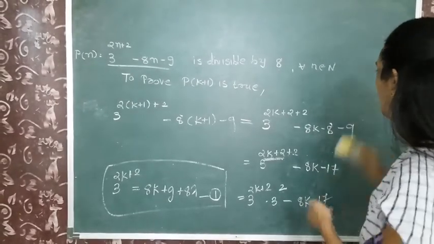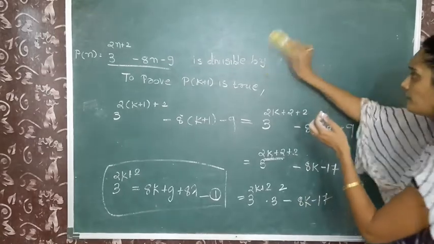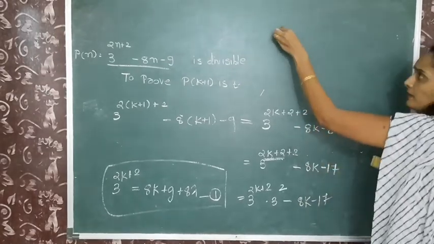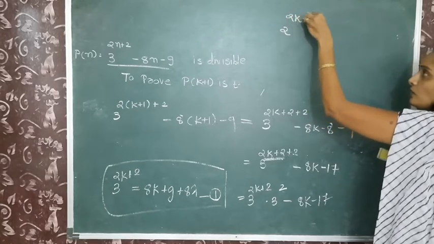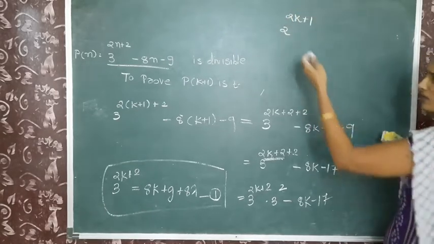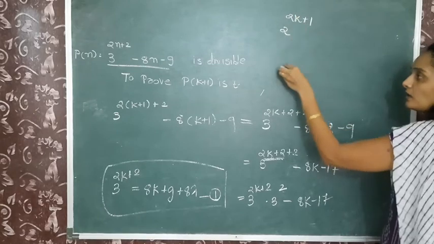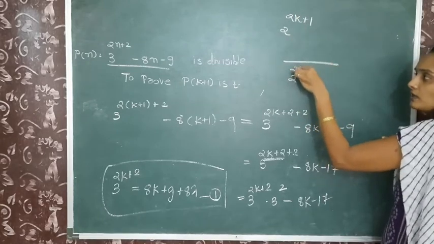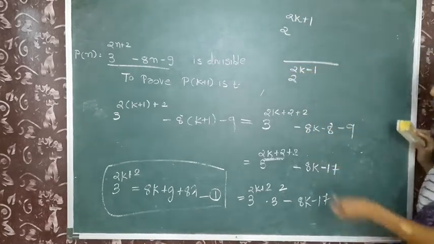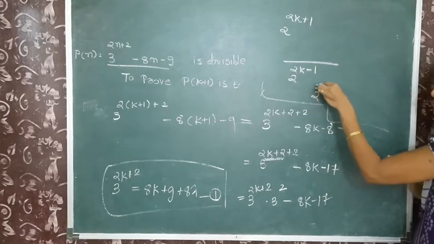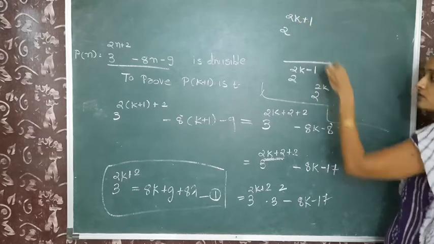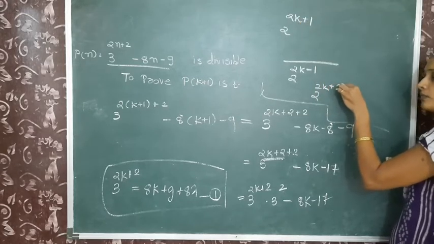Okay, now in yesterday's sum I think we had the value of 2 raised to 2k plus 1, and in p of k it was like this, 2 raised to 2k minus 1. Then what we have to do: 2 raised to 2k, the value is plus 1, so we can write plus 2.